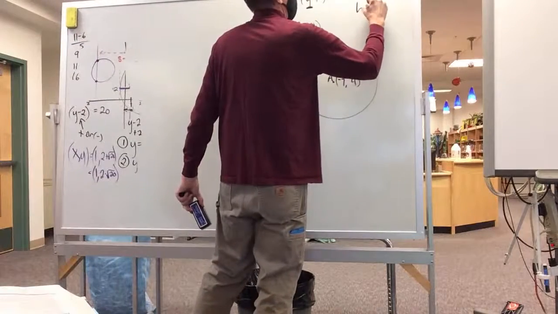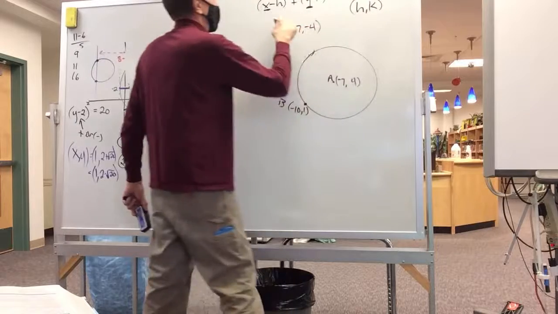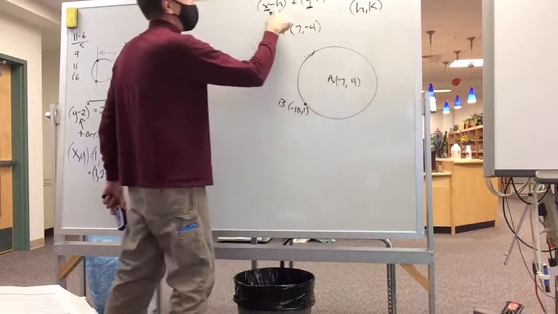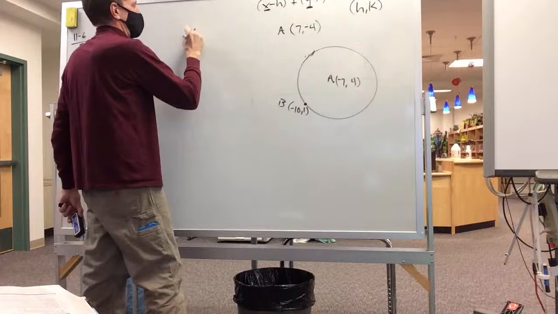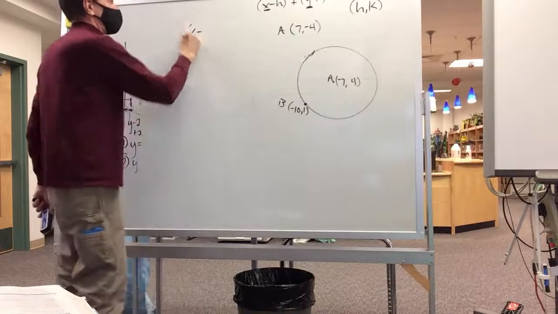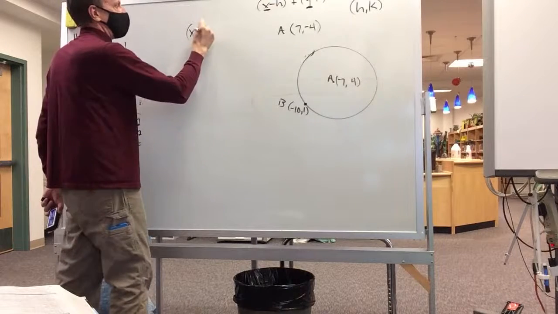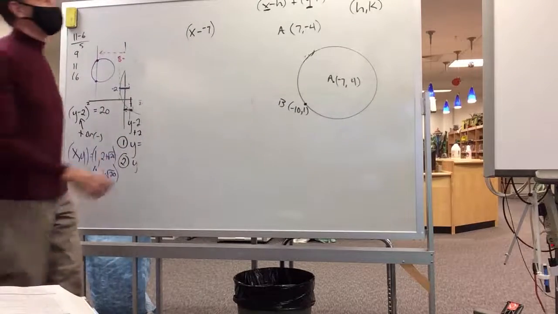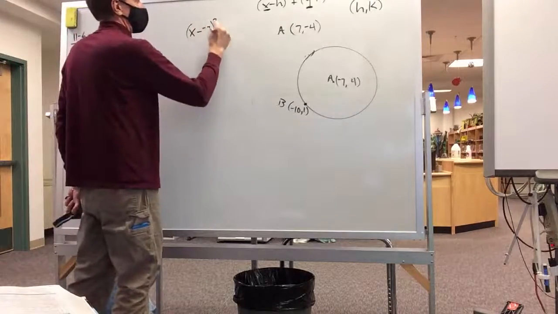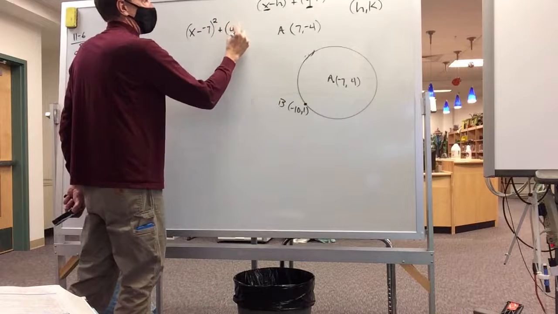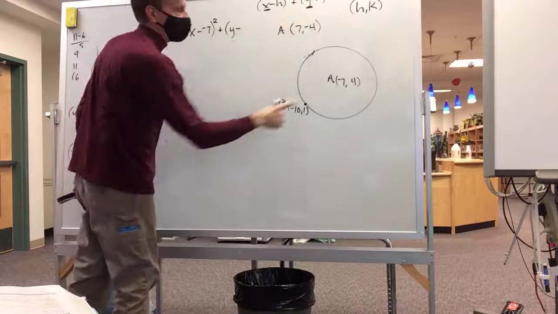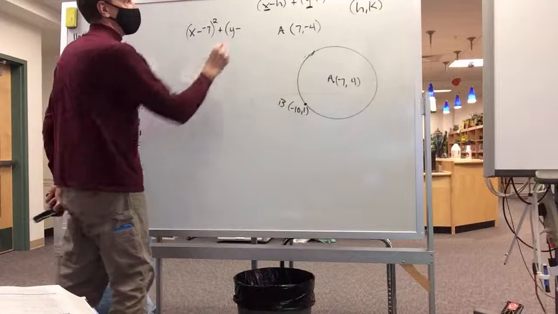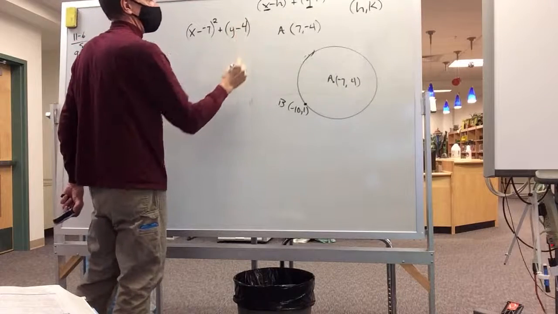H and K are the center, so you literally take that and put it in here. You say x minus, and then the H value is negative 7. And then y minus, and the K value is 4.